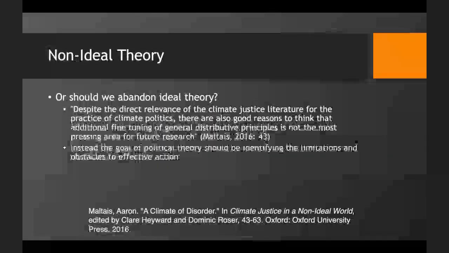What are actually the unfavorable circumstances? What are the things that are causing non-compliance? And focus there rather than focusing on figuring out exactly how to fine-tune our ideal theories. That non-ideal theory actually means that look, we've got these general guideposts in ideal theory. Now it's time to only look for what are the limitations and obstacles to future action.